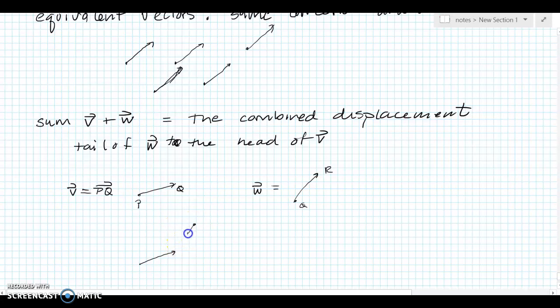So there's V and here's W. And this vector here is the combined displacement. So that's V plus W. So you're going to get a new vector.